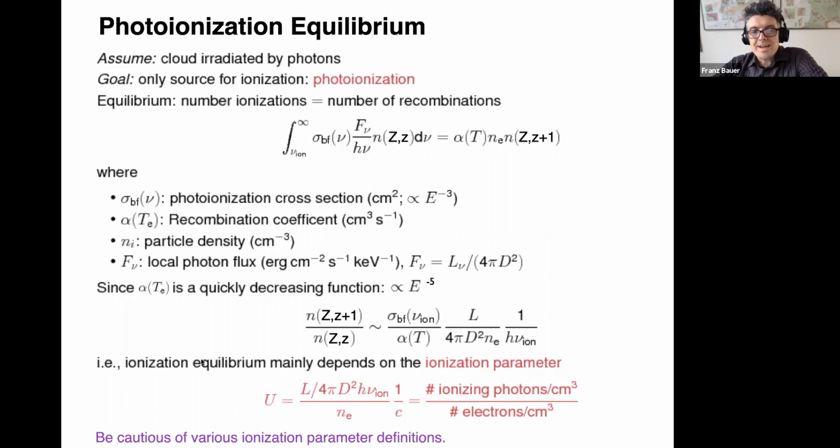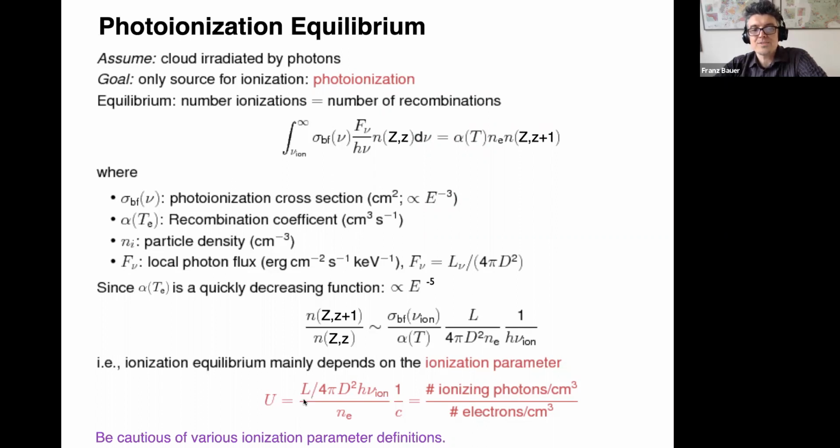So typically the ionization equilibrium will then depend on something called the ionization parameter. And there are many definitions of this. This particular one is the number of ionizing photons per cubic centimeter divided by the number of electrons per cubic centimeter. Right? So this is the number of possible photons, and this is the number of possible electrons to recombine with.